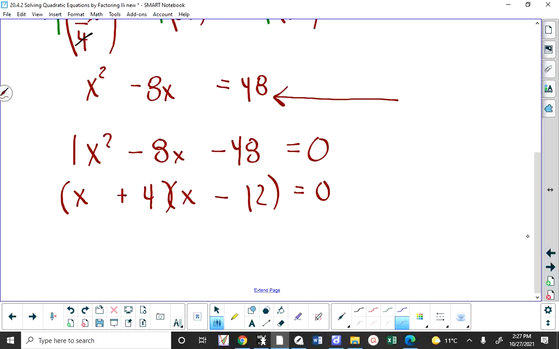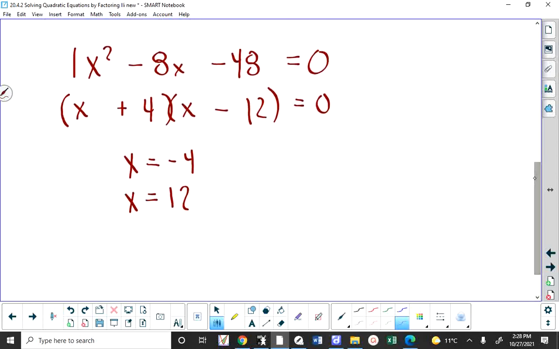We want negative 8, so the outer has to be negative 12x. So we get x equals negative 4, we get x equals 12. I don't think we have to write x plus 4 equals 0. But you know what? I'm going to. I have a thought that I want to get across to you.